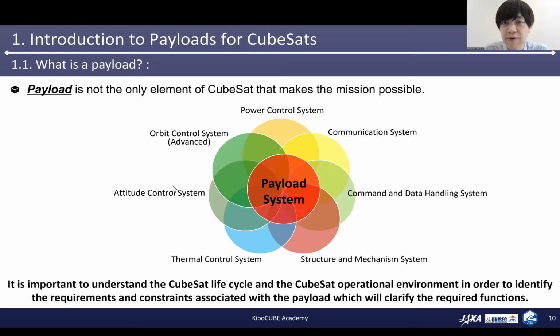I wanted to emphasize that the payload represents your satellite mission objectives, and all the subsystems exist to fulfill the required functionalities to achieve the mission objectives with the payload. Also, all subsystems except the payload system are denoted as the satellite bus system, with the payload being the passenger among the other subsystems of the bus.